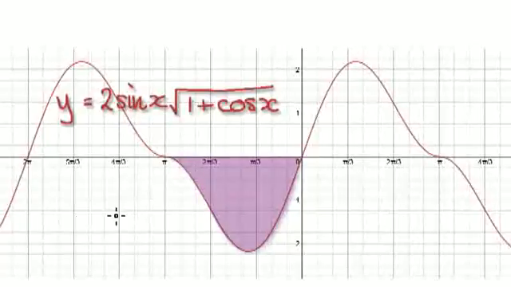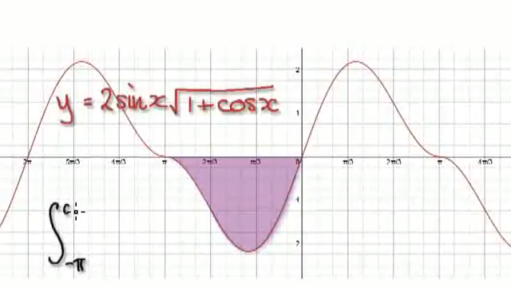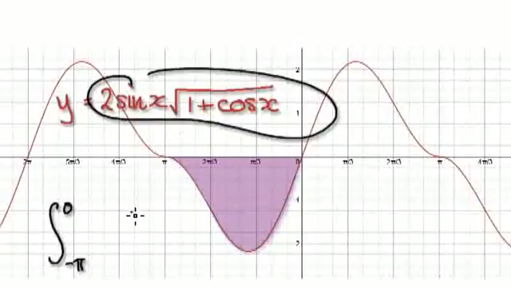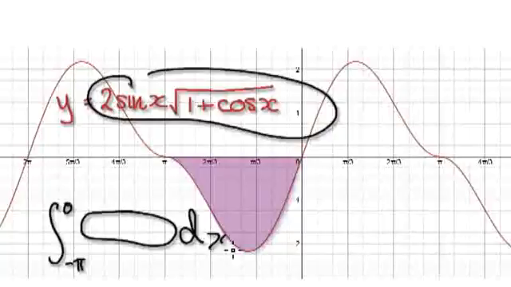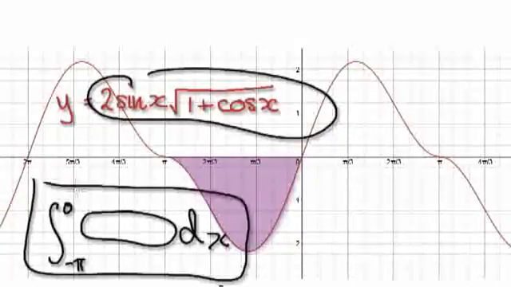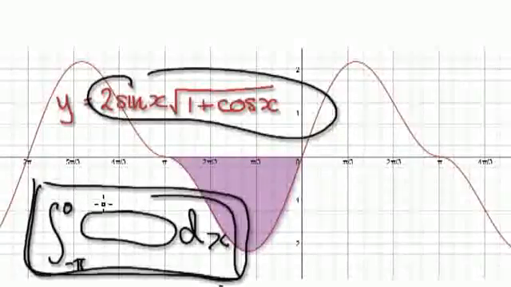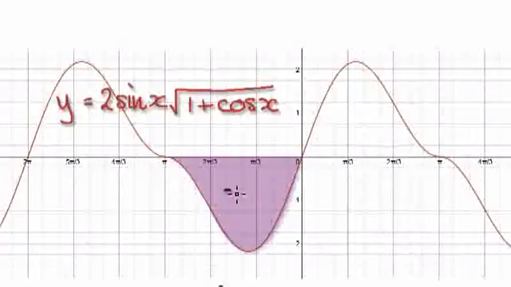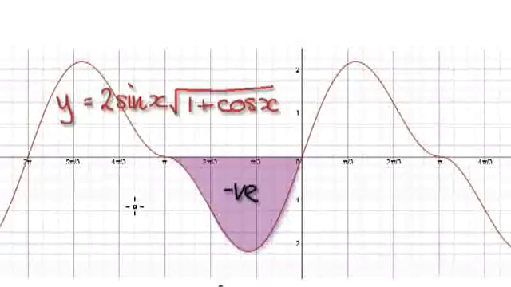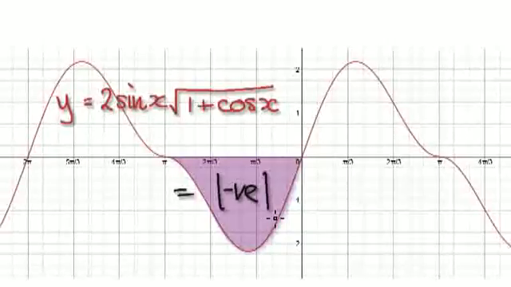Okay, so to do this, let's just integrate it as normal. So it will be us doing this whole thing here, and then dx here. Don't forget, if we integrate it as normal, it will give us a negative area here. So right at the end, we're just going to take the modulus of this.